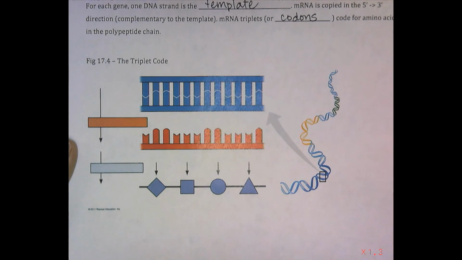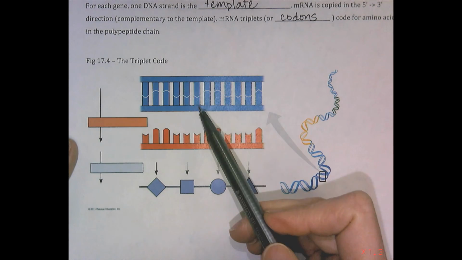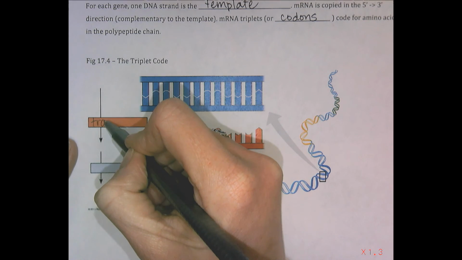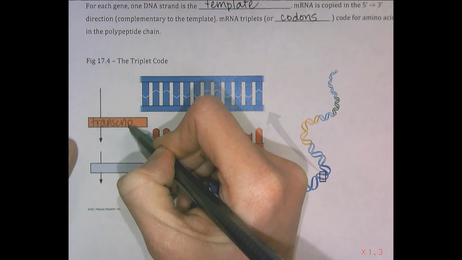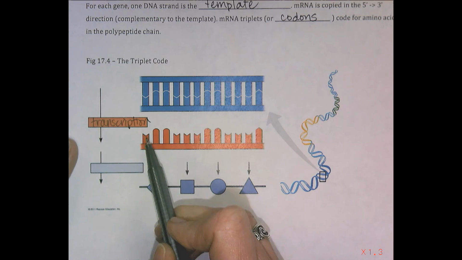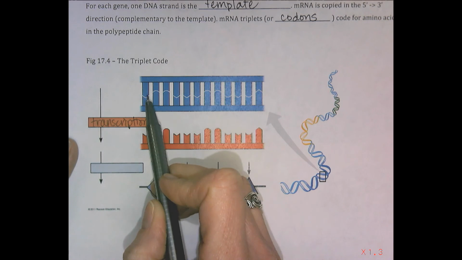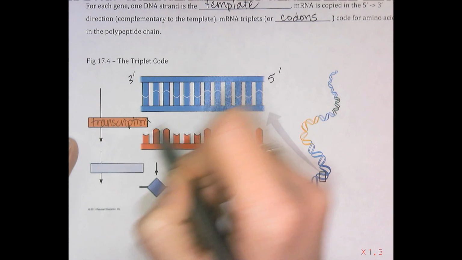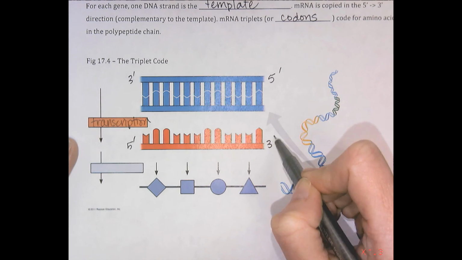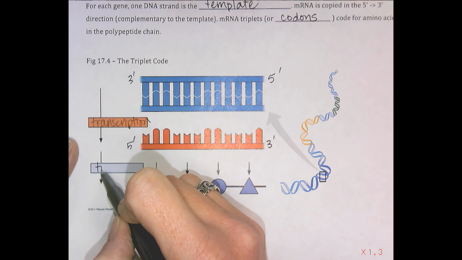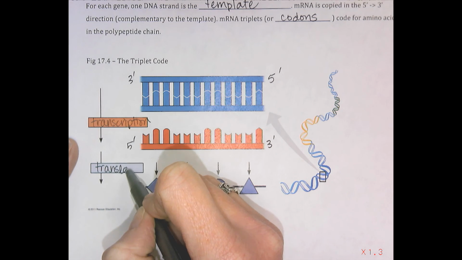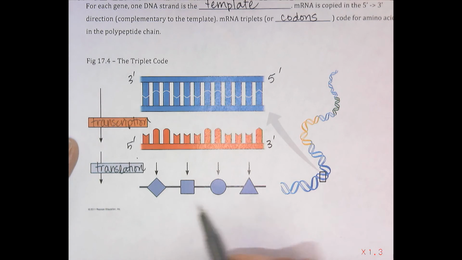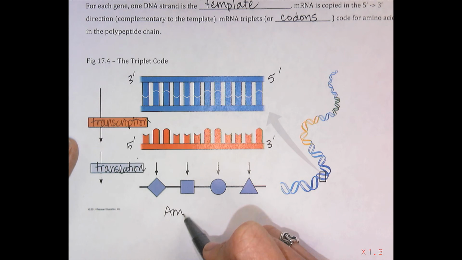So just as a review, here's my double-stranded DNA, and during transcription, I produce mRNA or any other kind of RNA, and this is actually a copy of my template strand here. So if this is my 3' to 5' template, this is my 5' to 3' mRNA, and then during translation, I will use that code to produce the appropriate amino acid sequence.